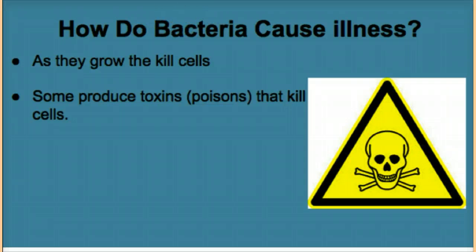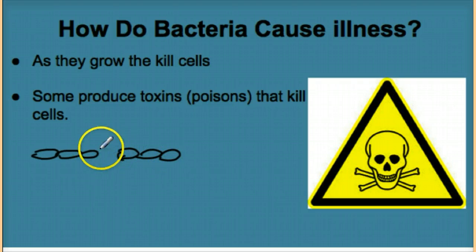Well, first of all, let's say, for example, this is our skin, and we have a cut or a scratch in our skin. This opens up an avenue for which bacteria can actually enter into our body.